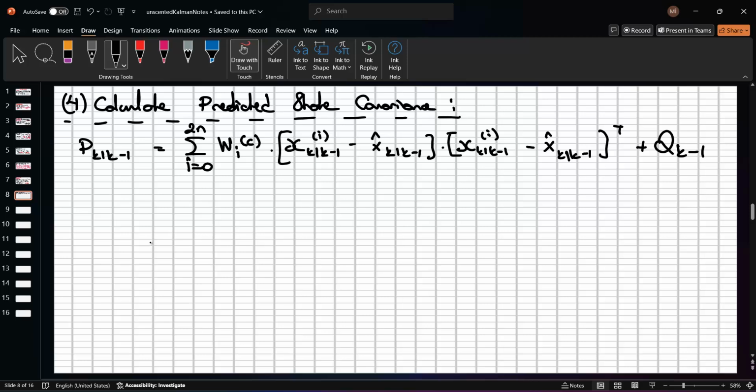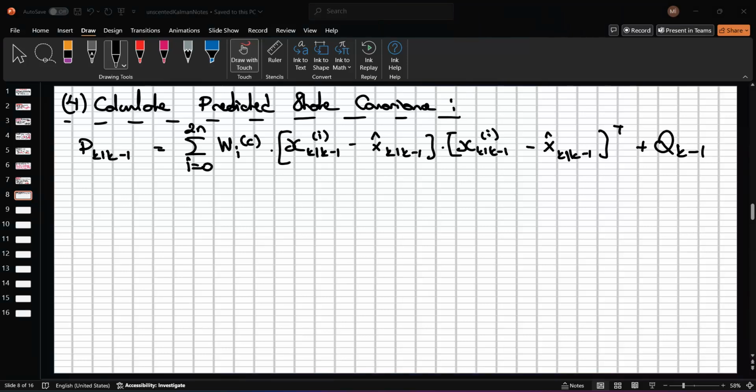This is the state covariance matrix in here. And so we want to minimize these P k given k minus 1 values, going toward 0.